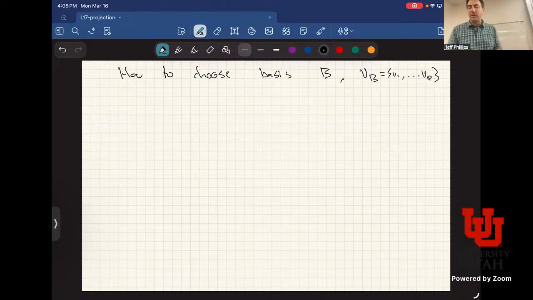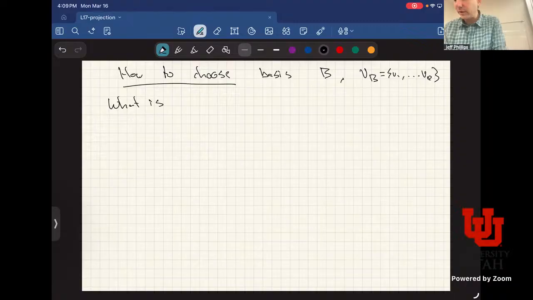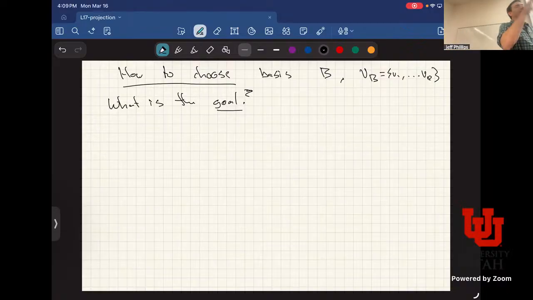What would the objective be? What is the goal in the choice of these basis vectors? I want to choose K basis vectors, and we'll later try to give you guidance on how to choose the value of K. But let's say I told you I want K basis vectors, and they have to be unit vectors and they have to be orthogonal. How do I choose them? What do I want them to do?